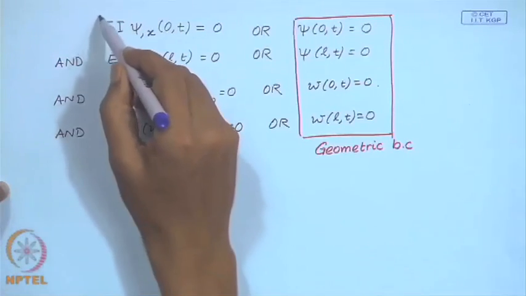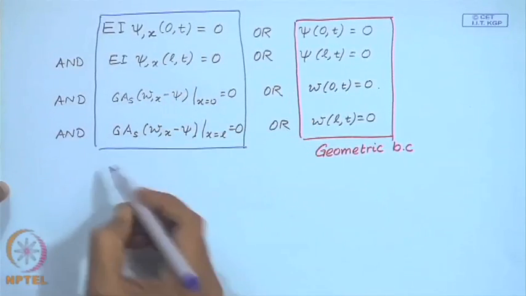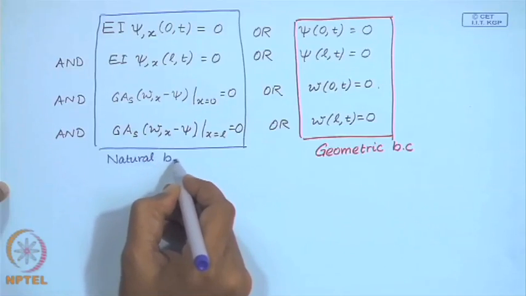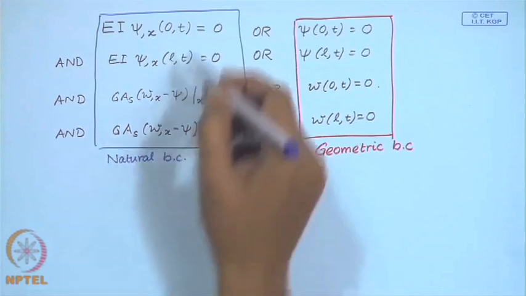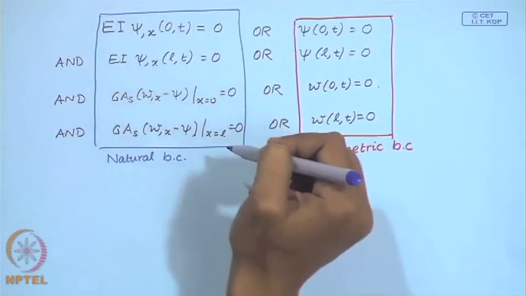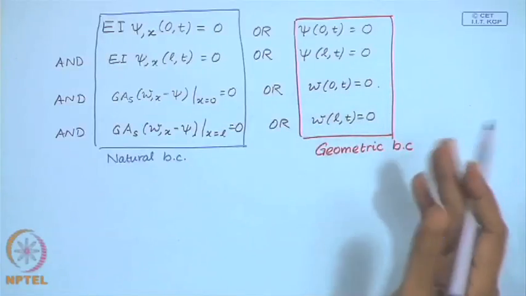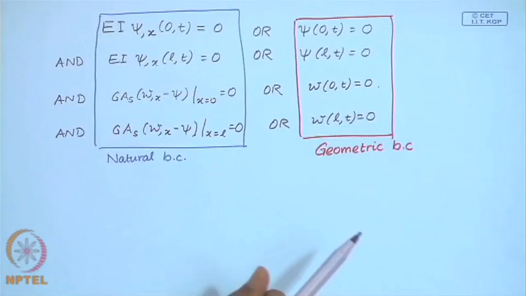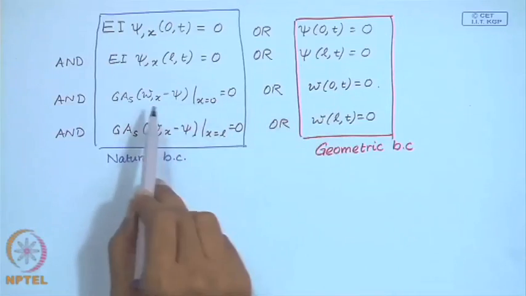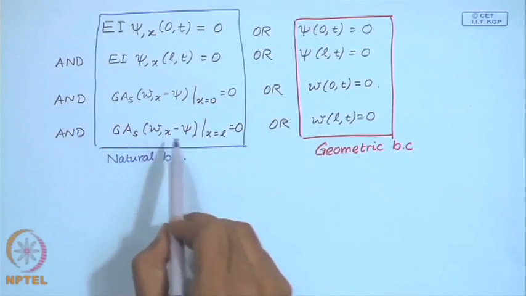While this set, these are the natural boundary conditions. So, these are conditions on the bending moment or the shear force, etc., and these are on the boundary, the angle, the rotation or the transverse deflection, and these are conjugate, one is the conjugate of the other.